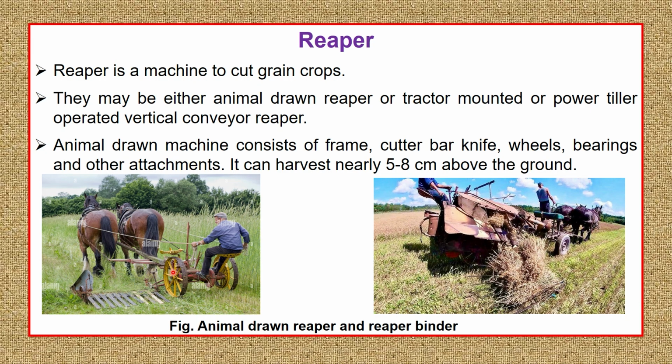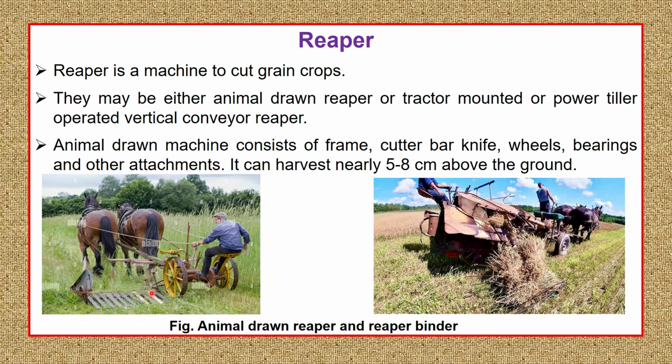These wheels, as they rotate, generate rotary motion, and with the help of proper drive conversion methods, that rotary motion will be converted into reciprocating motion, and with the help of reciprocating motion the crop will be harvested.